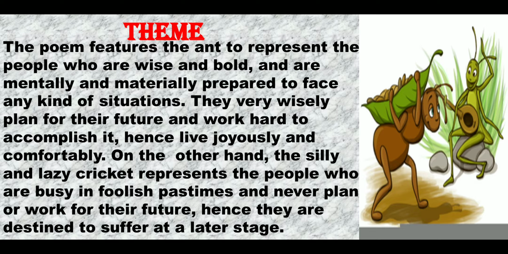Hence, they live joyously and comfortably. On the other hand, the silly and lazy cricket represents the people who are busy in foolish pastimes and never plan or work for their future. Hence, they are destined to suffer at a later stage.